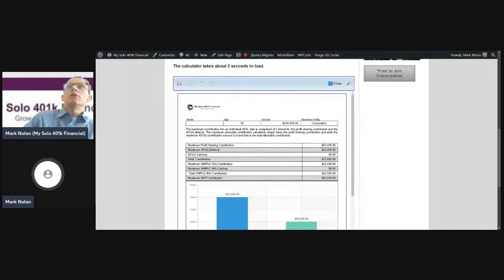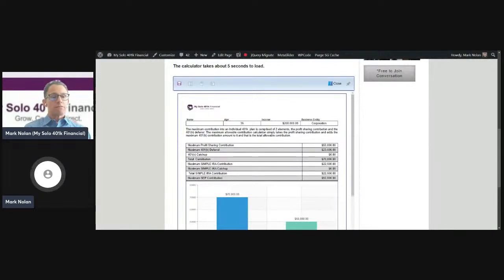So you could subtract out by 3, I guess, so $46,500 of employer Roth contributions. Bottom line is you can't go over the overall limit, which is $70,000 for all solo 401k contribution types for tax year 2025. And this is for someone who's under age 50.